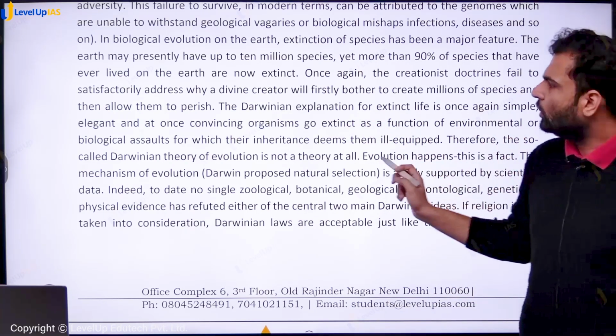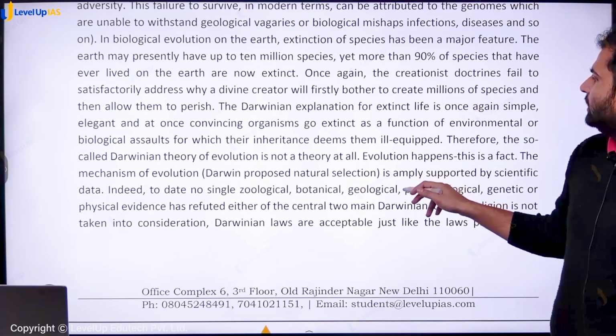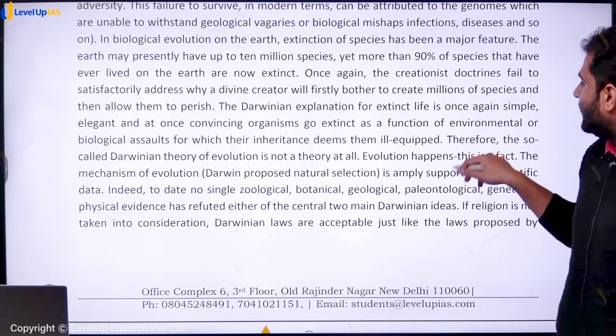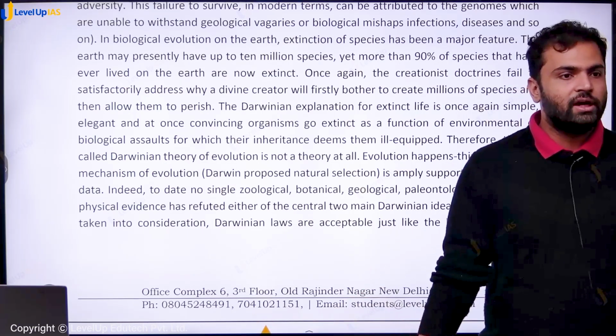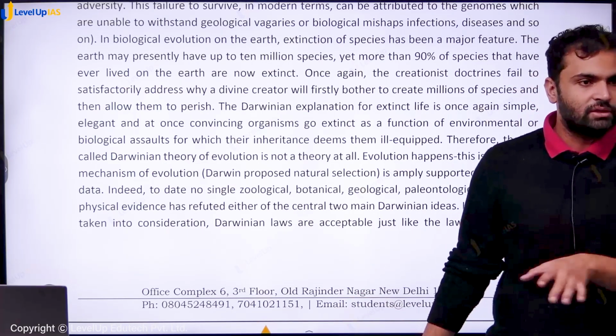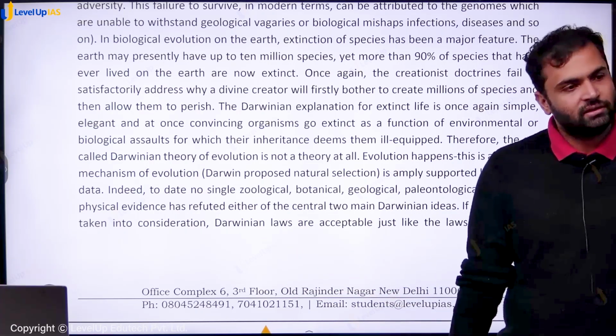Therefore, the so-called Darwinian theory of evolution is not a theory at all. Evolution happens and this is a fact. So that is author's claim. Author is not ready to accept any challenge to evolution or Darwin's theory of evolution. He is saying that this is a fact, this is not a theory, this is a fact.